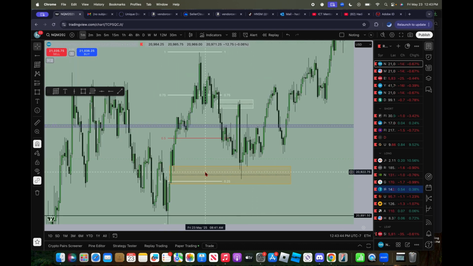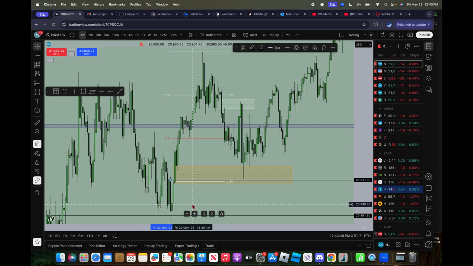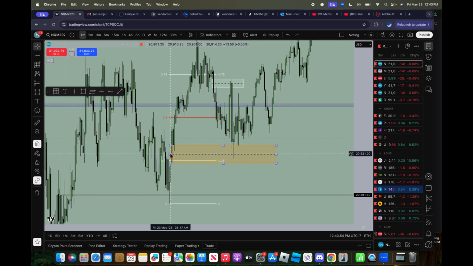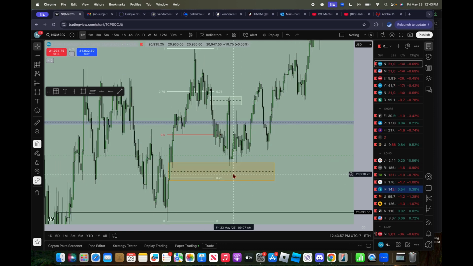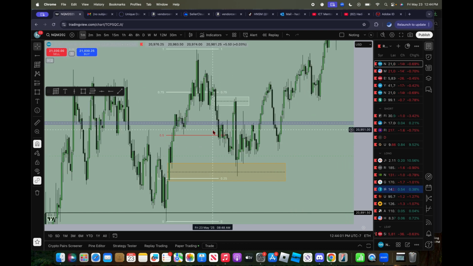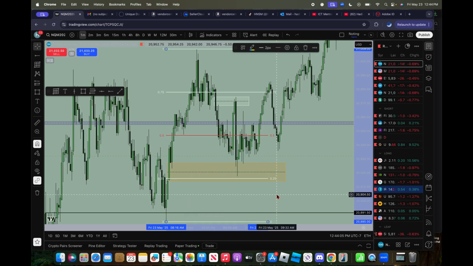In this scenario, I think we tap this order block right here. No, we just miss it. We trade into the fair value gap again, and then enter I think a small seek and destroy before we ended up leaving the range.